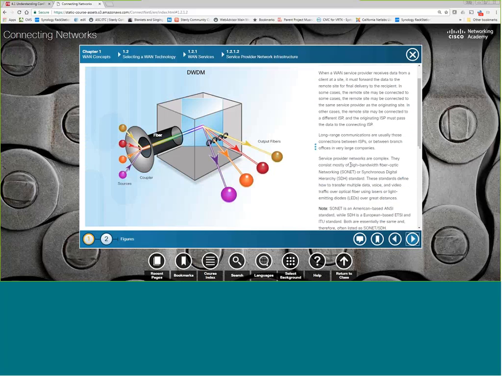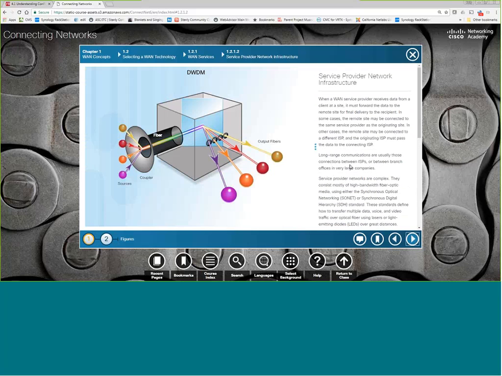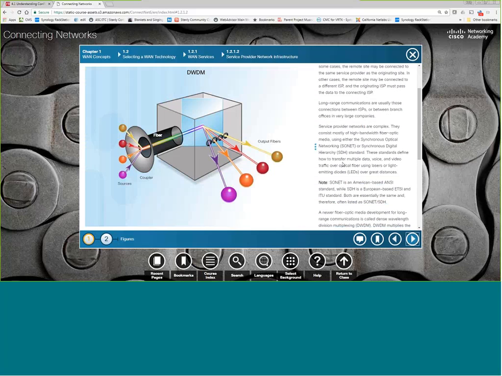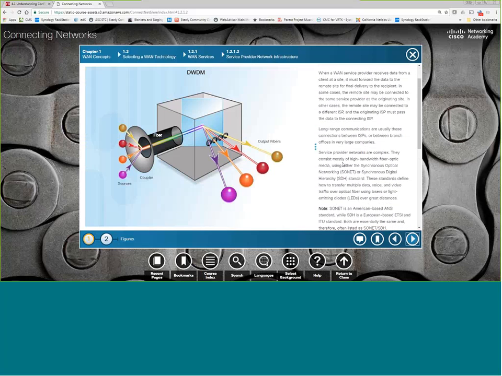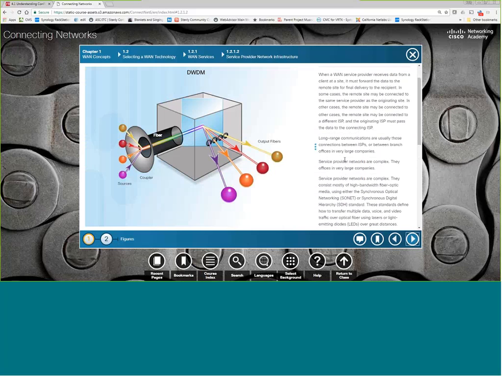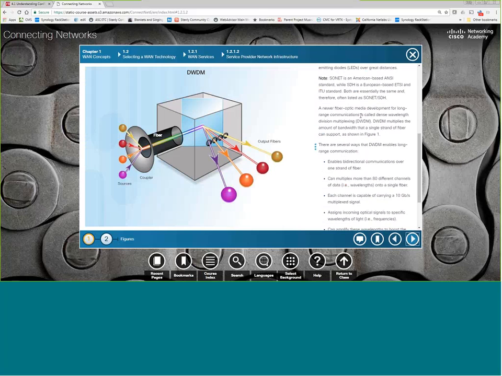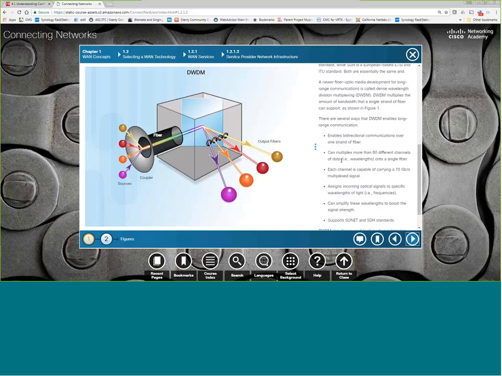Here's a layer 1 technology, DWDM, dense wavelength division multiplexing, which lets you take a single fiber and run up to 80 different channels on it, and each one of those channels can hold a gigabit worth of multiplexed signal.